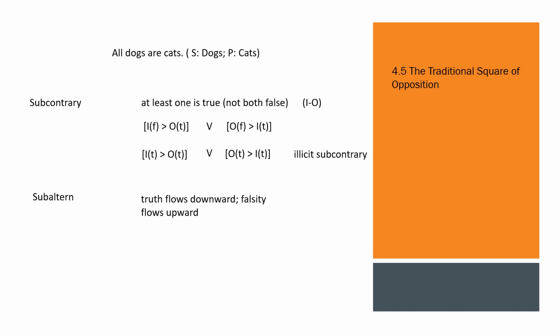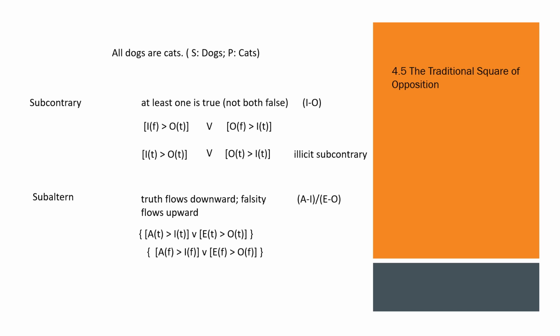Now, the subaltern relationship is easy to follow because it says truth flows downward and falsity flows upward. So if A is true, then I is essentially true, right? And if E is true, then O is true. So the universal flows downward. The truth of the universal affects the particular in the same way.